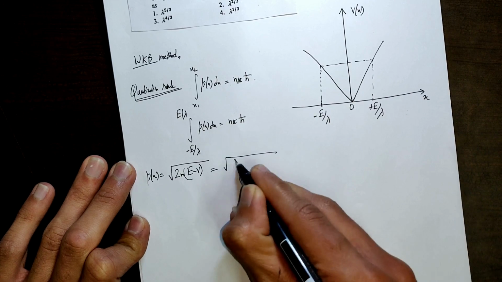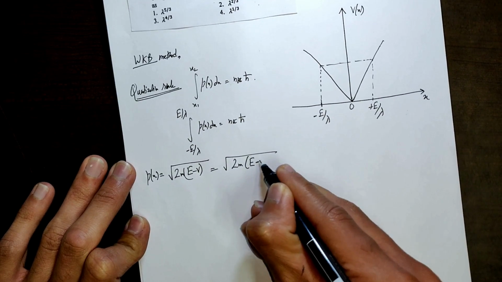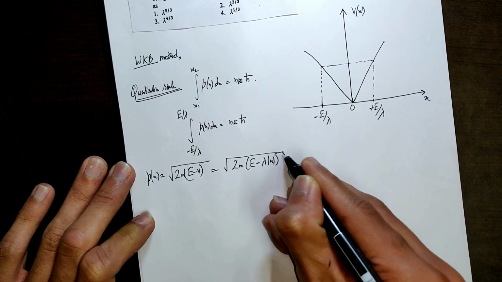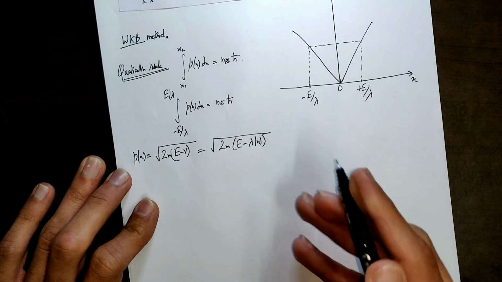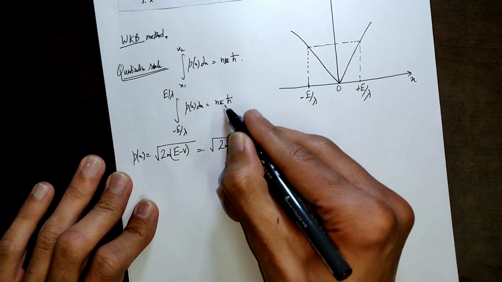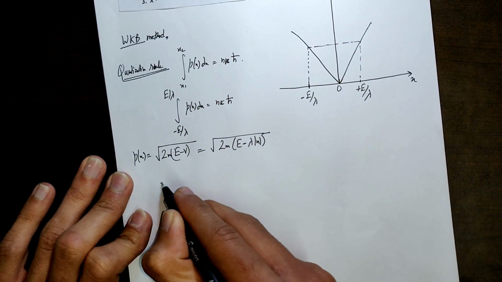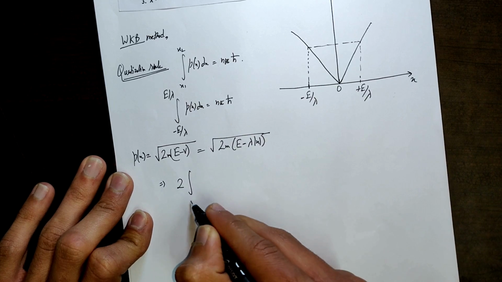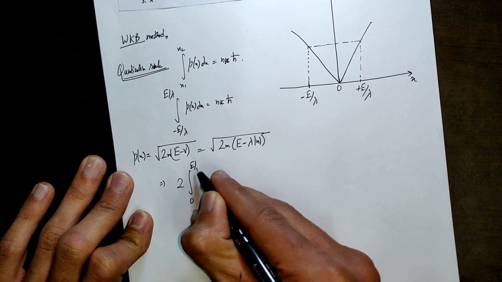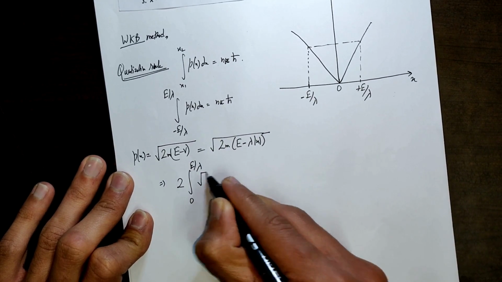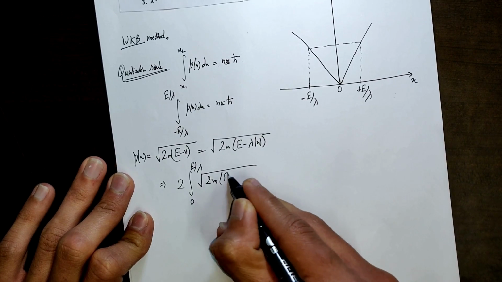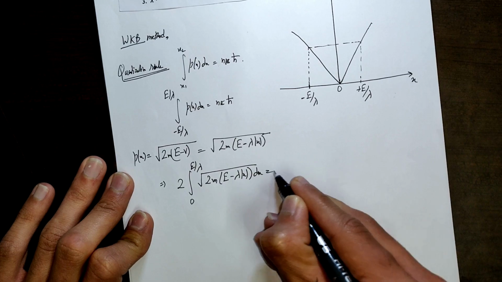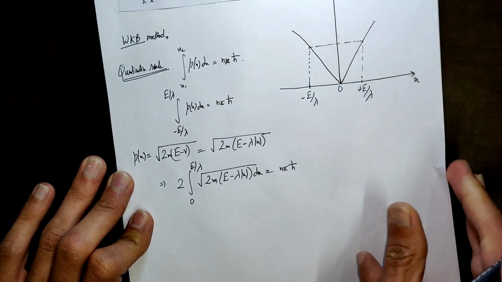So this is equal to under root 2m (E minus lambda mod x). So this term comes out to be twice the integral from 0 to E by lambda of under root 2m (E minus lambda mod x) dx is equal to n pi h cross.